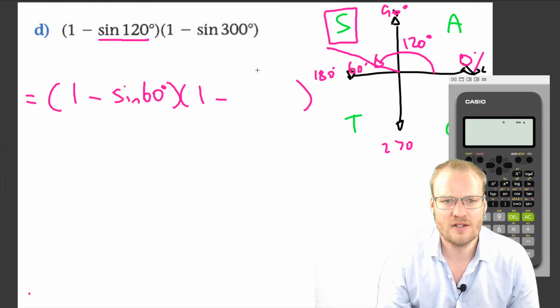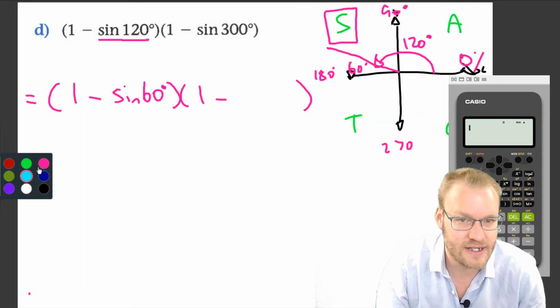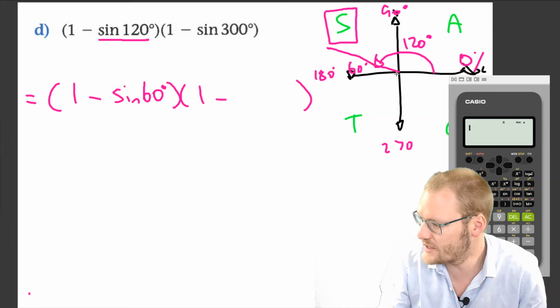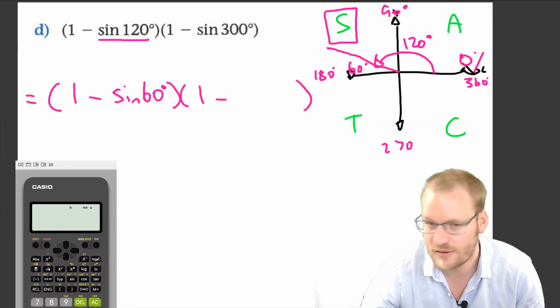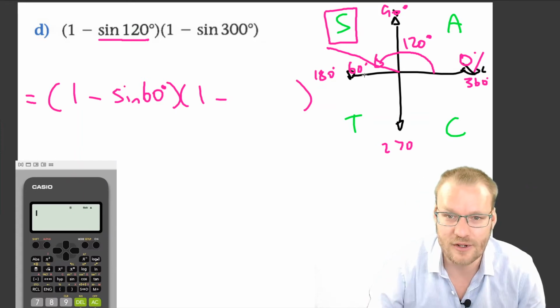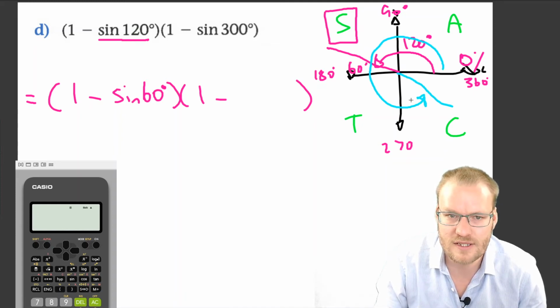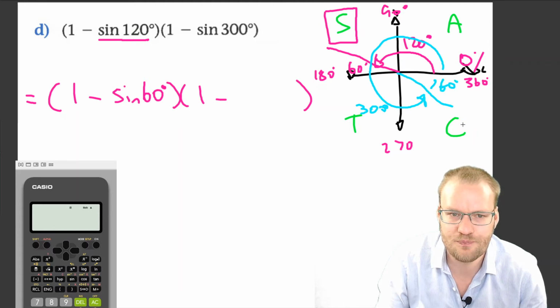Okay? Sine 300, similar idea. We're going to go down to this bottom right quadrant, and see, calculators are a nuisance. If we're down this quadrant, we are over here. And if this whole angle is 300, then this last bit to get to the x-axis must be 60 degrees.